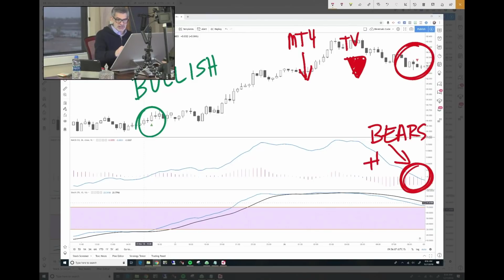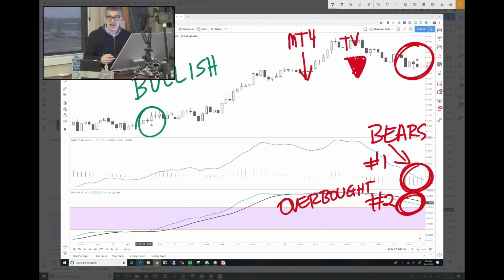So that's number one. And ingredient number two is, at the same time this has happened, the stochastic oscillator is, you guessed it, overbought. Referring to the fact that there's plenty of room for the market to travel down.